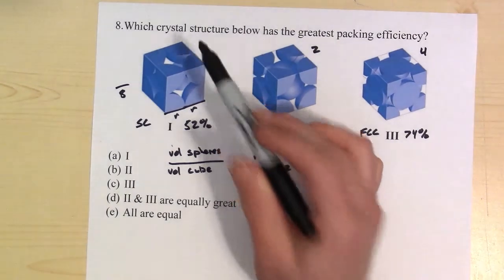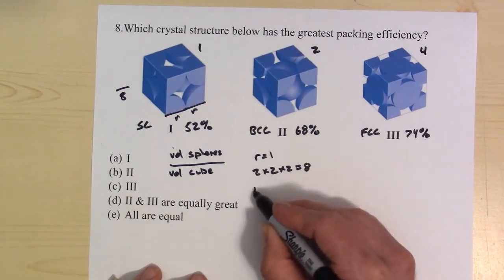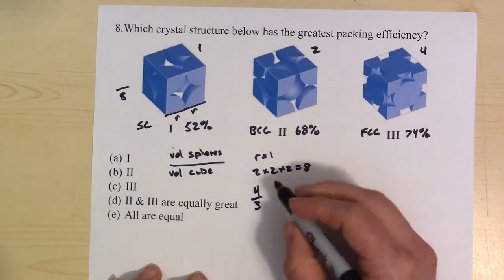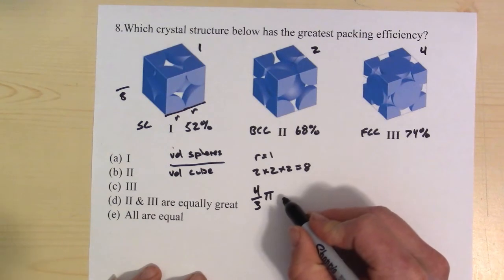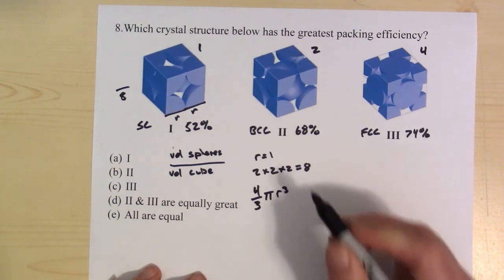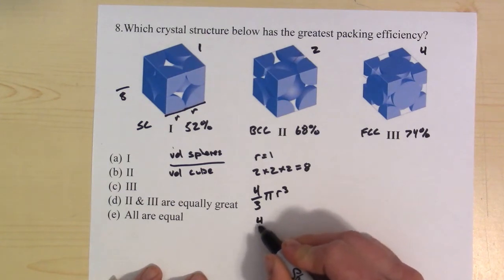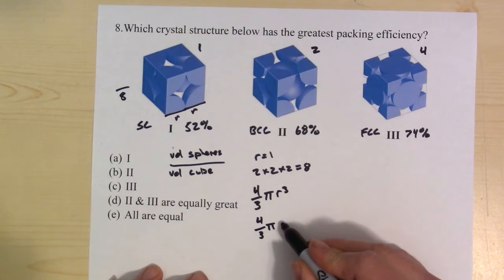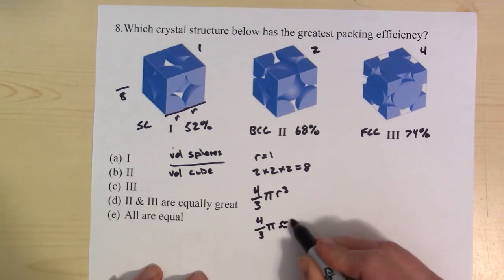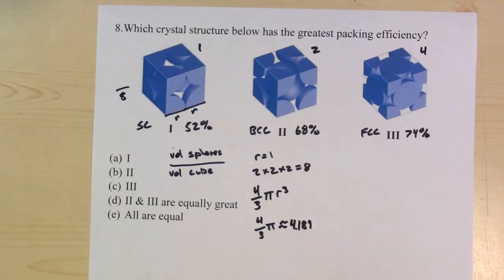So we need to find the volume of one of these spheres. For that we need to know the formula for the volume of a sphere. So that is 4/3 pi times r cubed. Here r is just 1, so it's going to be 4/3 pi, and that is approximately equal to 4.189.